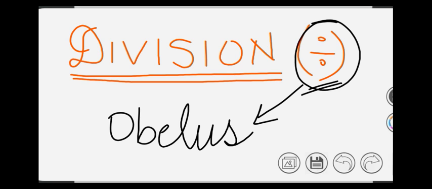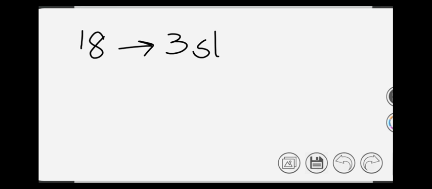Now let us understand division with the help of a diagram and a story problem. Let us think of a situation in which we need to distribute 18 balls among 3 students. So there are a total of 18 balls and we need to distribute them among 3 students.